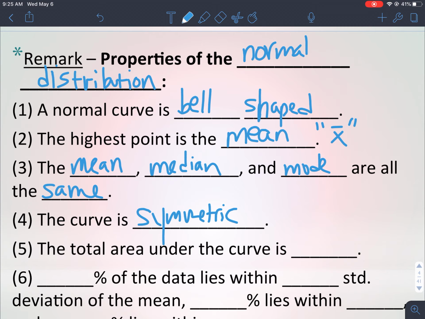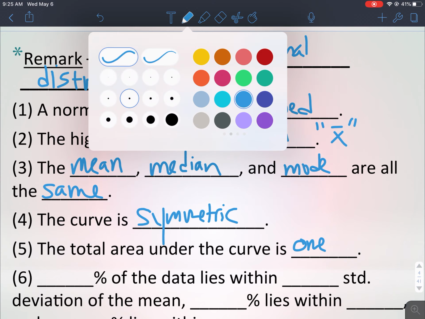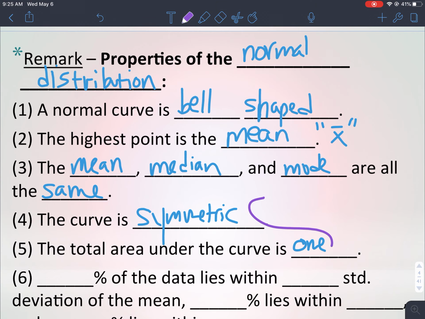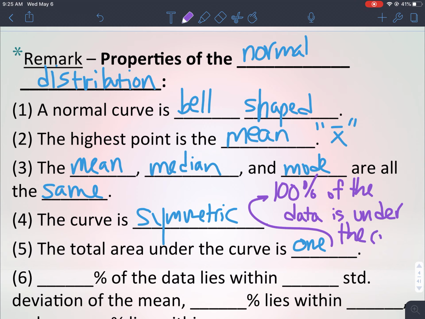The total area under the curve adds up to 1. What that means is that 100% of the data is under the curve.